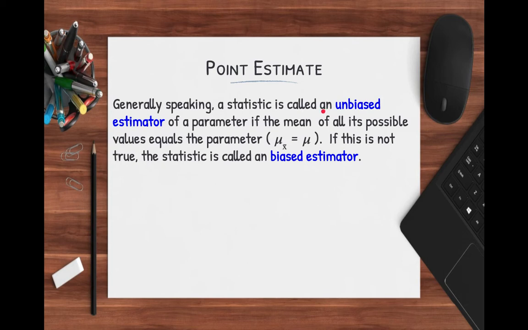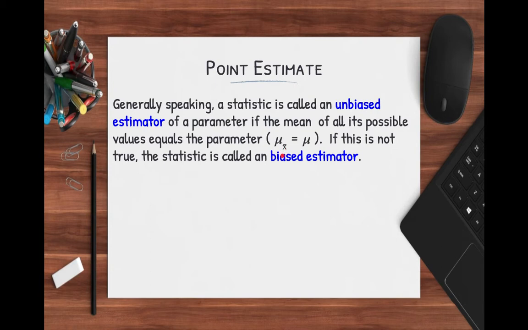So again, some vocabulary with this. A statistic is called an unbiased estimator of a parameter if the mean of all its possible values equals the parameter. That's what we were looking at in chapter 7, where we looked at mu sub x bar.